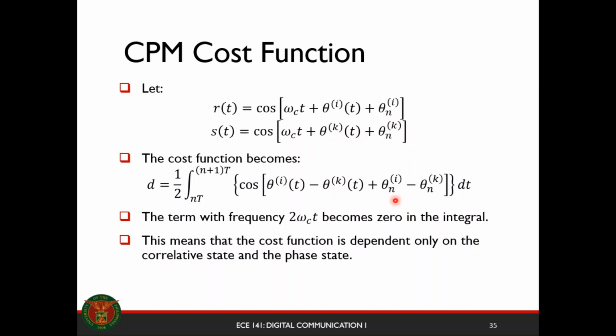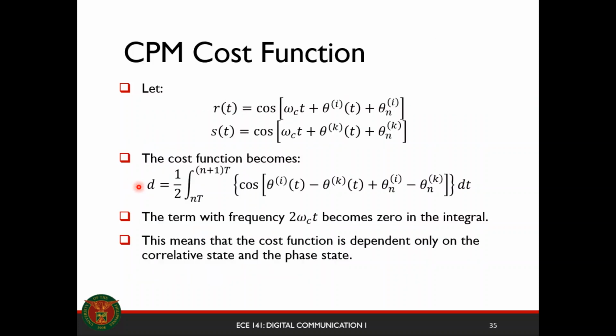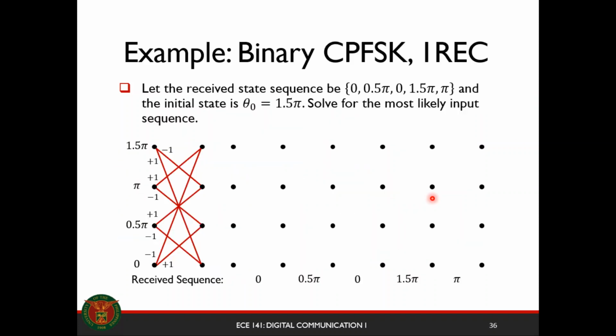Okay? And if you look at this transition right here, when you're going to transition from 1.5 pi to pi, you're reducing 1/2 in your state function right here. So you're reducing 1/2.